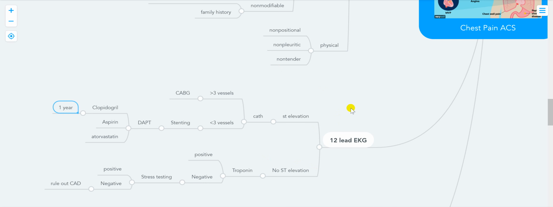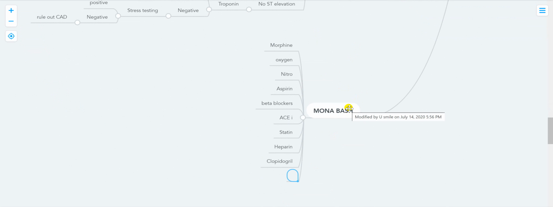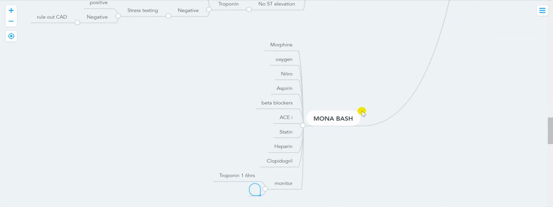Another thing, this is the things that we monitor, okay? We monitor also with the MONABASH. We monitor troponin Q6 hours. And then what do we have? We have the 12 lead EKG Q 6 hours. Let me write Q here. Okay.